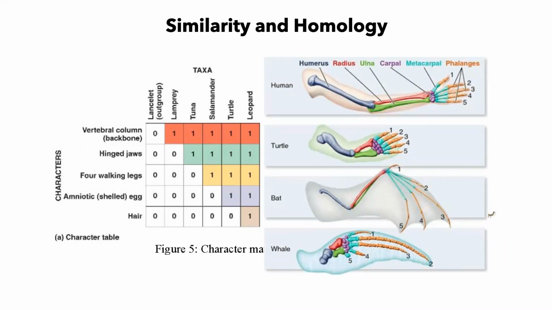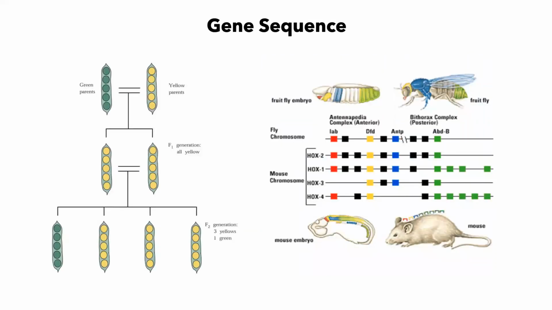Here you can see the relationship between humans, turtles, bats, and whales. Their closeness could be studied by looking at the different elements in the limbs, and if they do share the same properties, we can say that they are more closely related. In the same way, we can look at gene sequences.